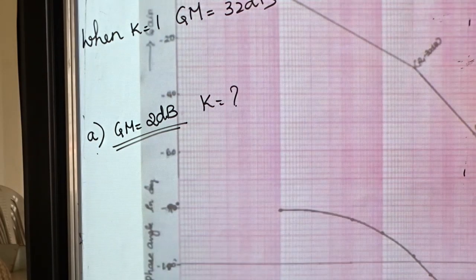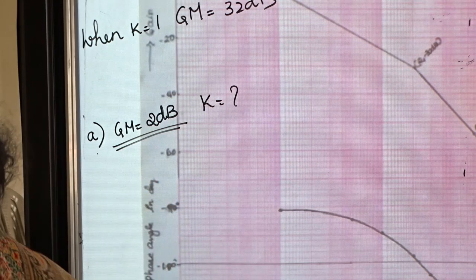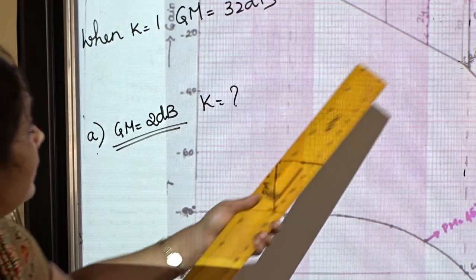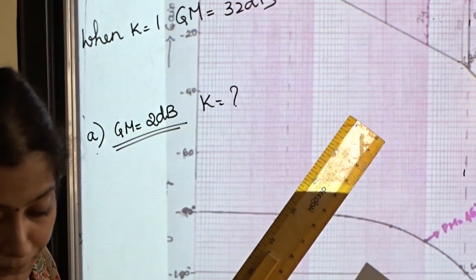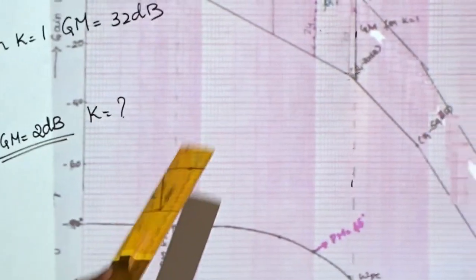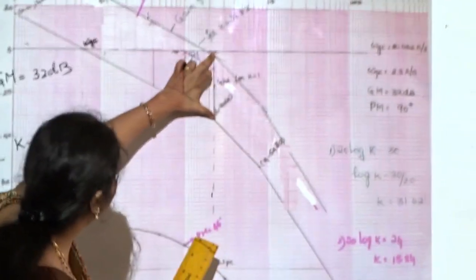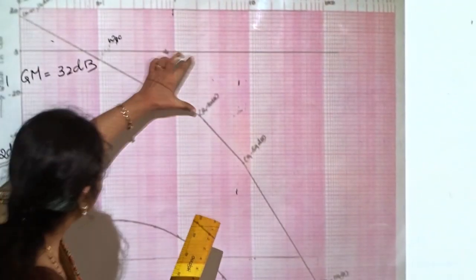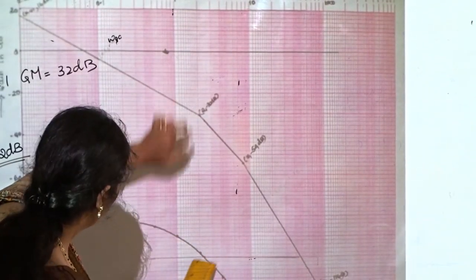Here, if I check from this graph, the gain here was around this point.